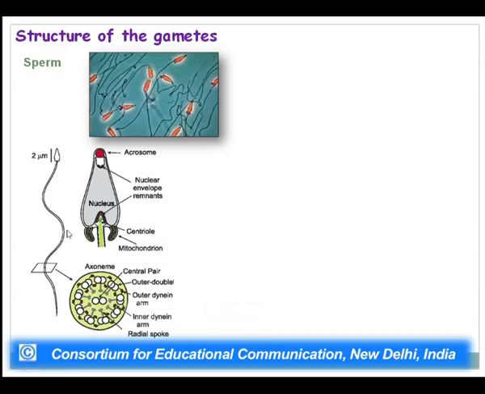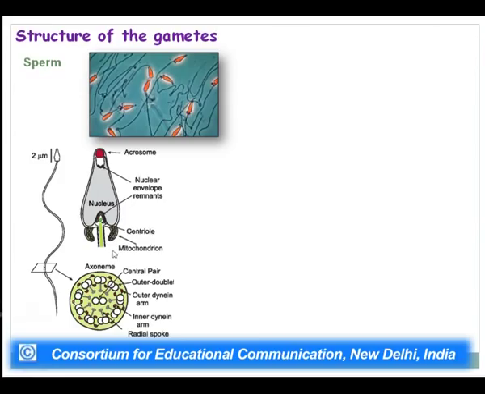So, the sperm is provided with a flagellum for this movement. Mitochondria provide the ATP that causes the flagellum to move, and you can see that it has a typical 9+2 arrangement containing all the dynein arms and radial spokes for the typical whip-like movement of the flagellum. So, that is how the sperm looks.